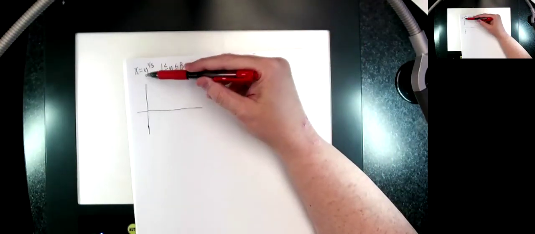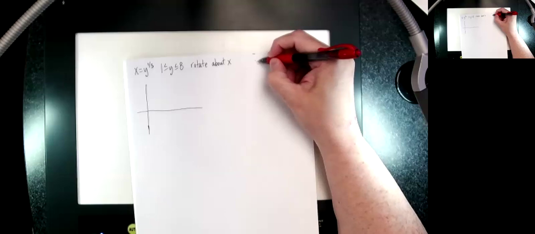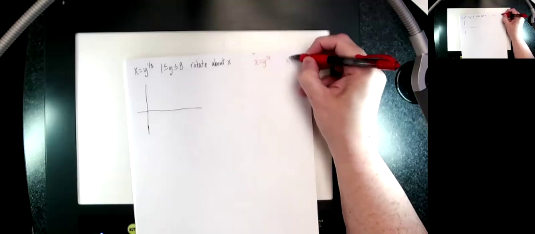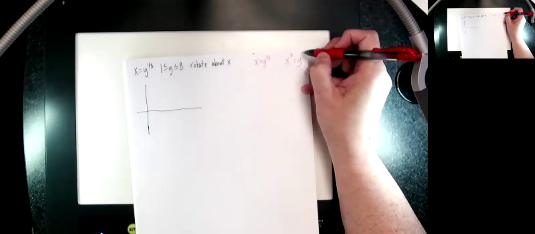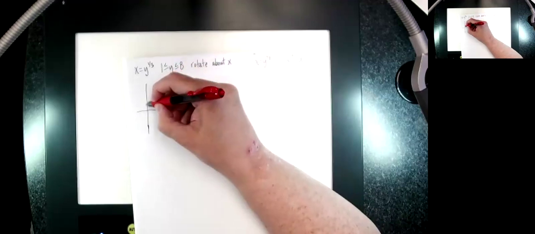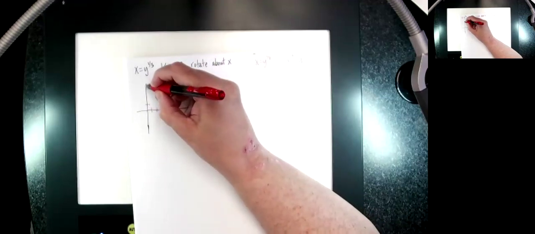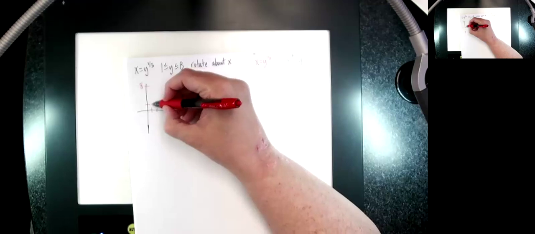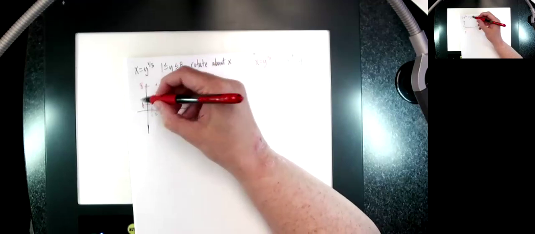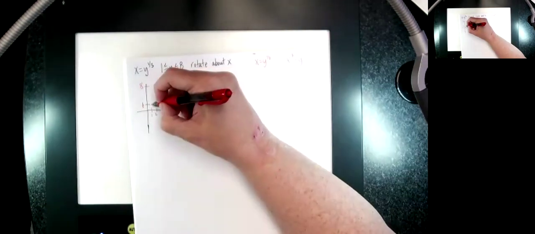So this correlates: x equals y to the 1/3 is the same thing as x cubed equals y. And we know what the graph of x cubed looks like. I'm just going to fast forward there and say that's 8. That's that section right there.